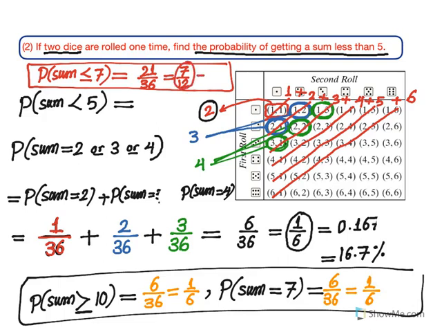Okay, or as a decimal, it's 0.583, which is 58.3%. Okay, that's enough about this question.